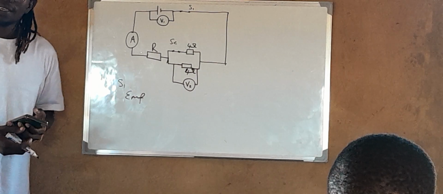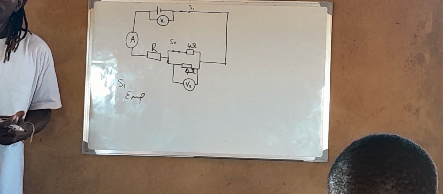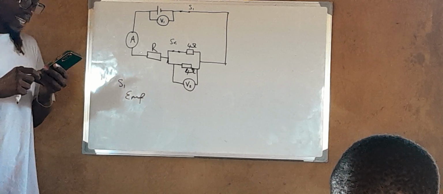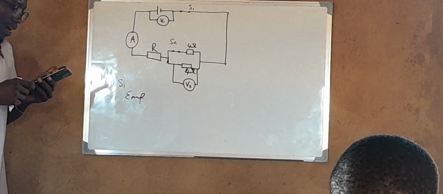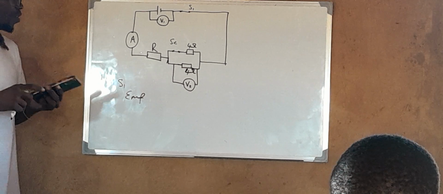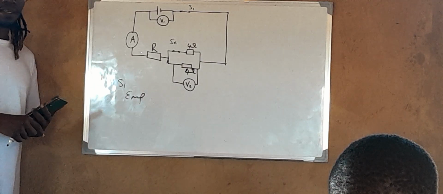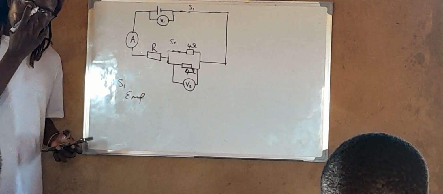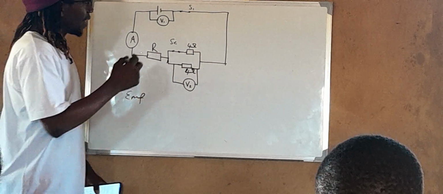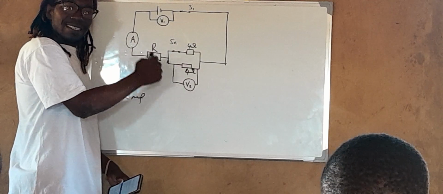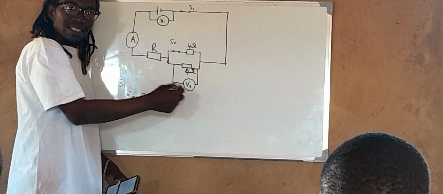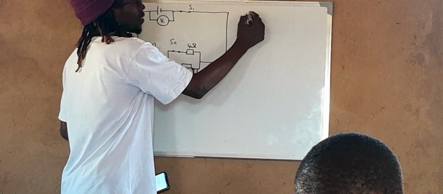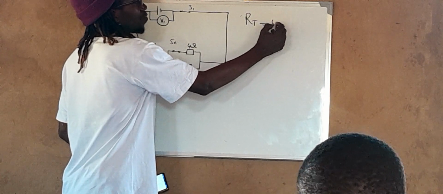They say calculate the value of R. So this is what you do. You know that the total resistance of this whole circuit is 4.